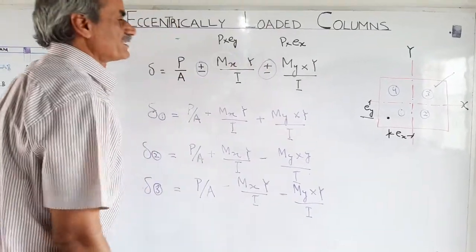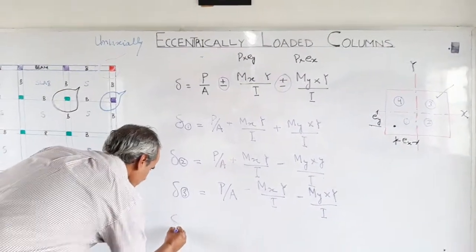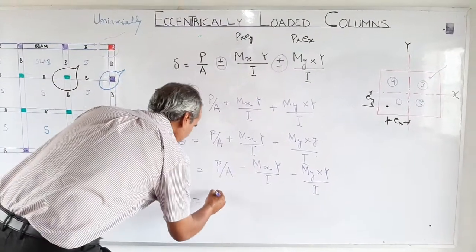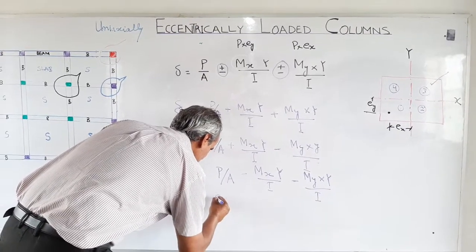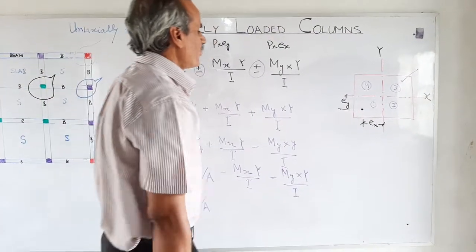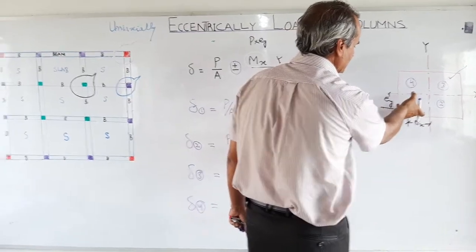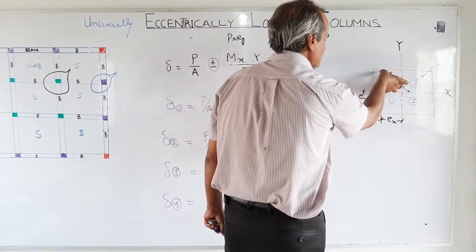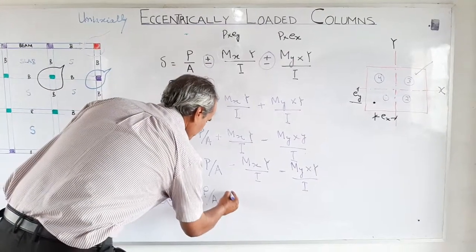Now moving on to the last quadrant, which is the fourth quadrant, sigma subscript 4. The first term remains same, that is for compression, it is direct stress for compression, that is P over A, and while considering Mx, that is moment about the x-axis, it is trying to lift quadrant 4. So the sign chosen for the second term shall be negative over here.